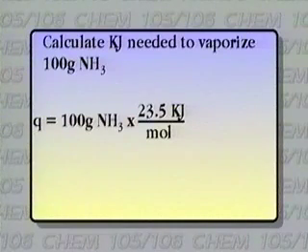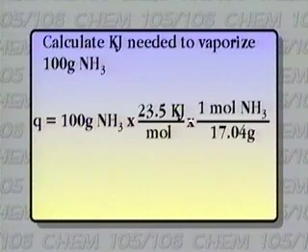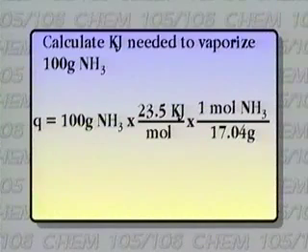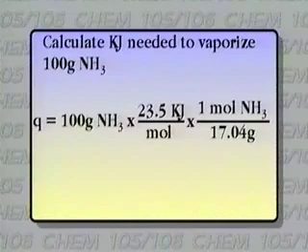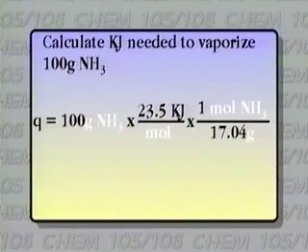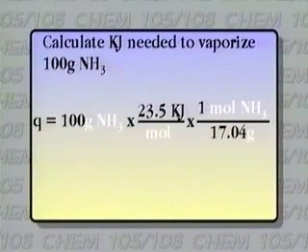That is, we have to convert this from grams to moles. So we can multiply by 1 mole of ammonia over its mass, which would be 14 plus 3, so that would be 17.04 grams. And so now the grams of ammonia cancel, the moles of ammonia cancel, and we're left with units of kilojoules.